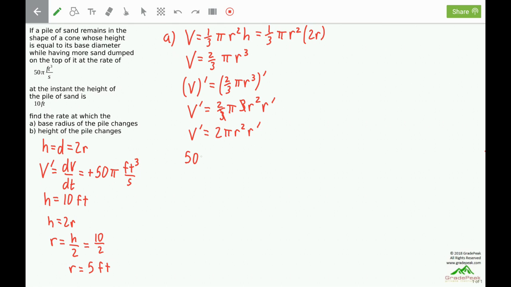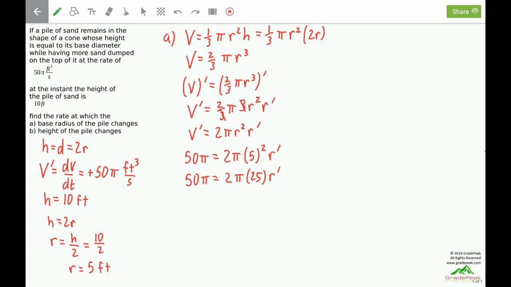V prime is 50 pi, equals 2 pi times r, which is 5, squared, r prime. So 50 pi equals 2 times pi times 5 squared, which is 25, times r prime.